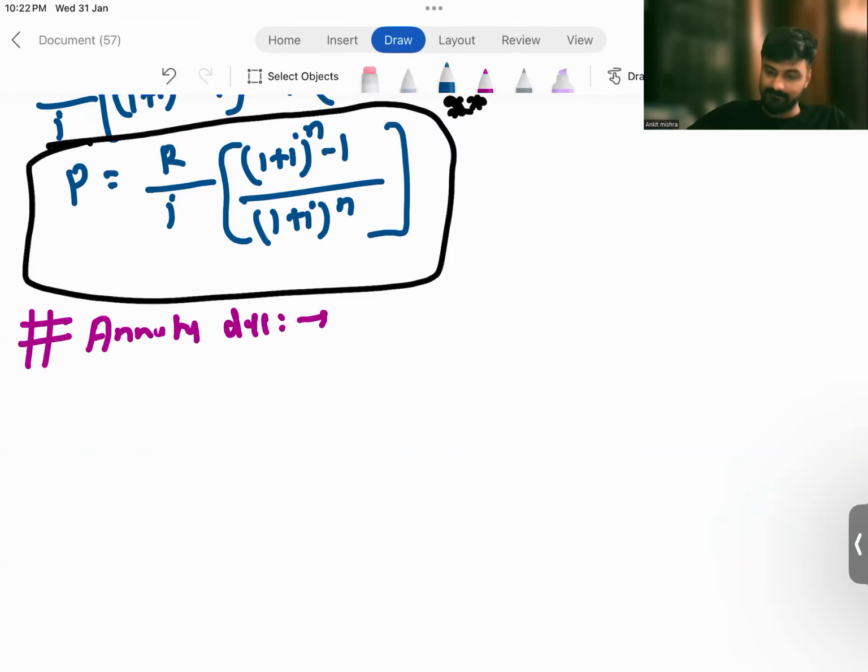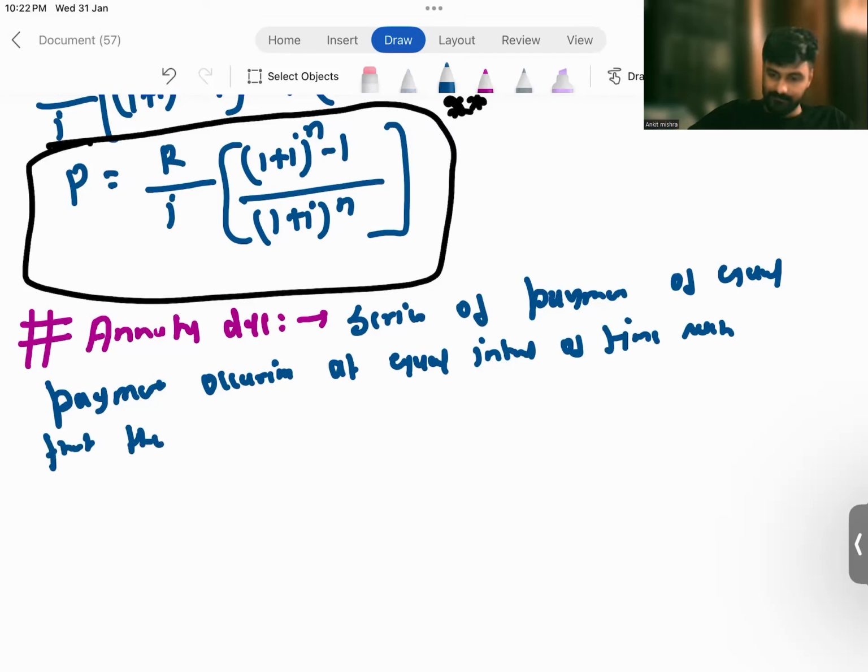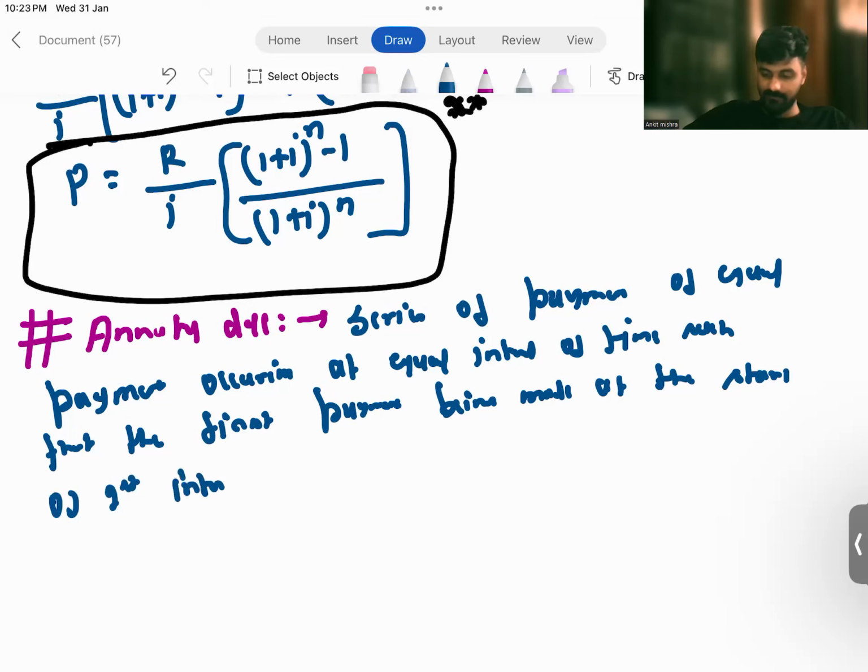So let's try to understand these things. Here, it is a series of equal payments occurring at equal intervals of time, such that the first payment is made at the start of the first interval.